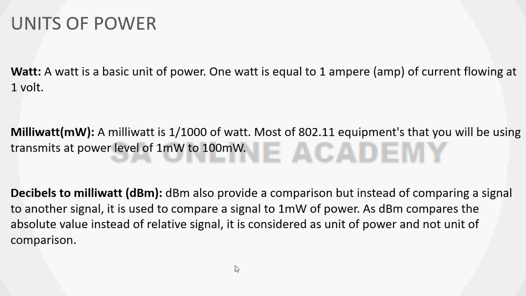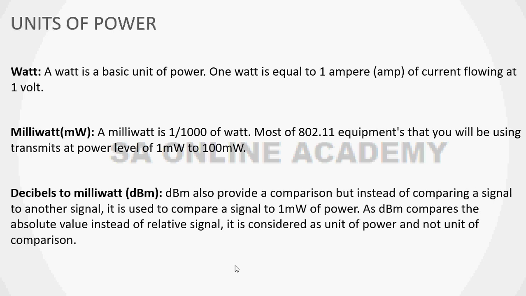Because dBm provides a direct comparison with the signal. Instead of comparing a signal to another signal, it is used to compare one signal to 1 milliwatt of power. So as dBm compares the absolute value instead of a relative signal, it is considered a unit of power and not a unit of comparison.